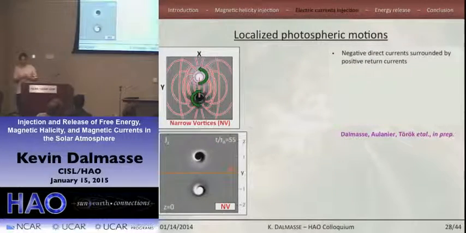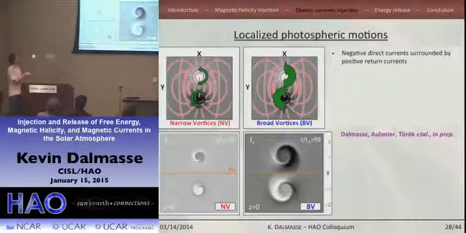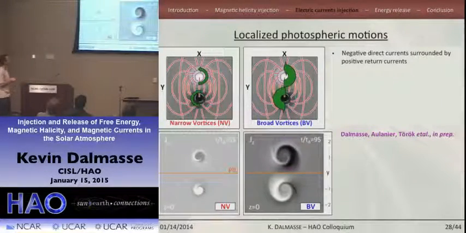So here at the bottom, you can see the photospheric electric current density for narrow twisting vortices. As you can see, this creates a strongly localized distribution of electric currents with negative direct currents surrounded by positive return currents. Here you can see the same results, but for broad twisting vortices.